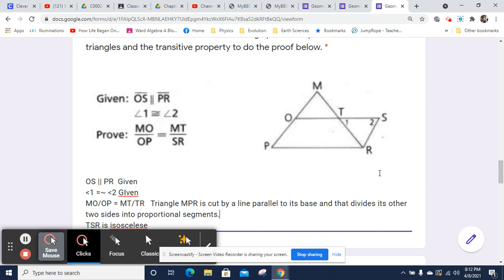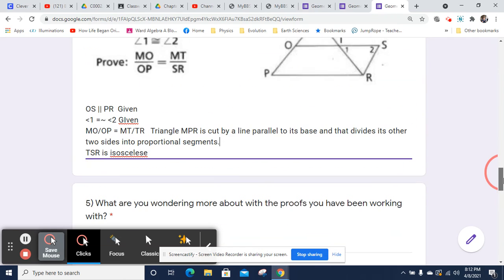Let me fix the spelling of isosceles there.